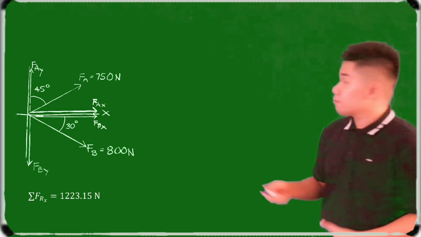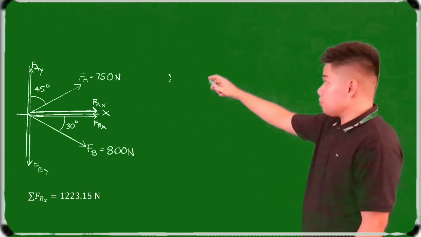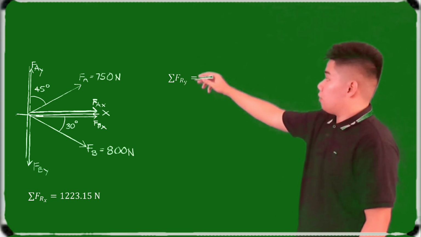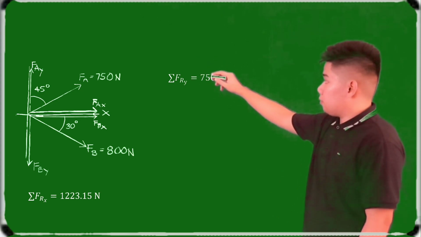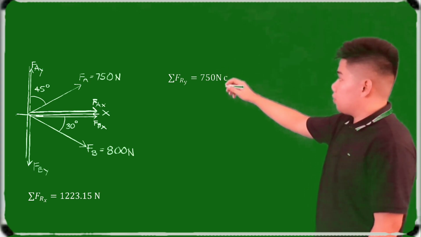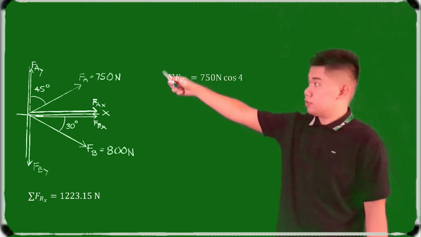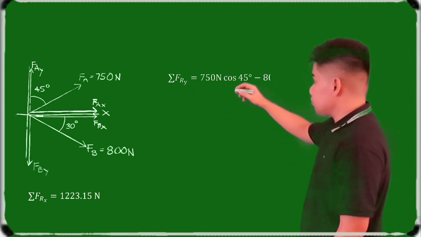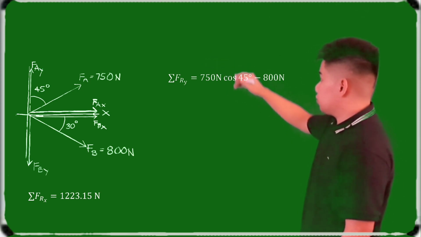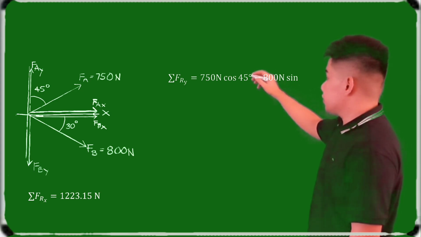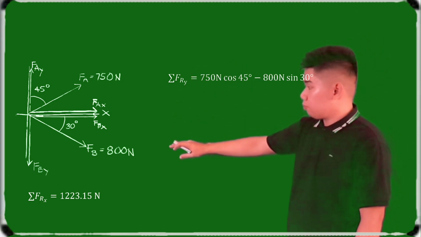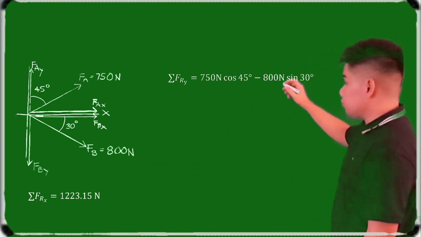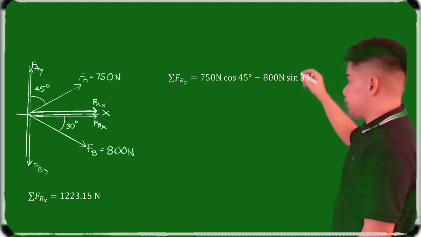So, erase. Then we have the summation of Fy is equal to our F1, as shown in the illustration. We have 750 cosine 45 degrees minus the y component of our force B, which is 800 sine 30 degrees.